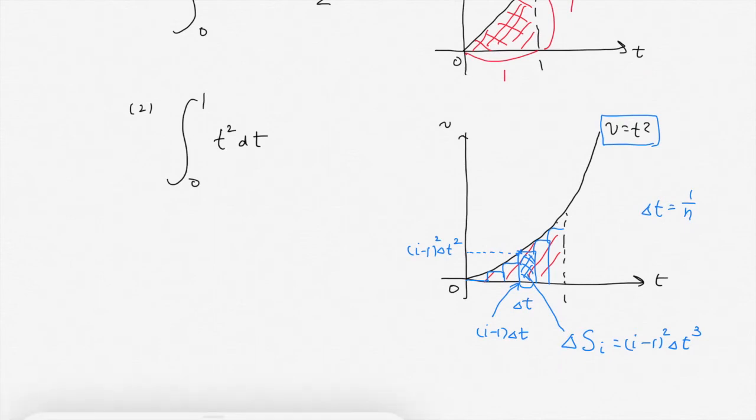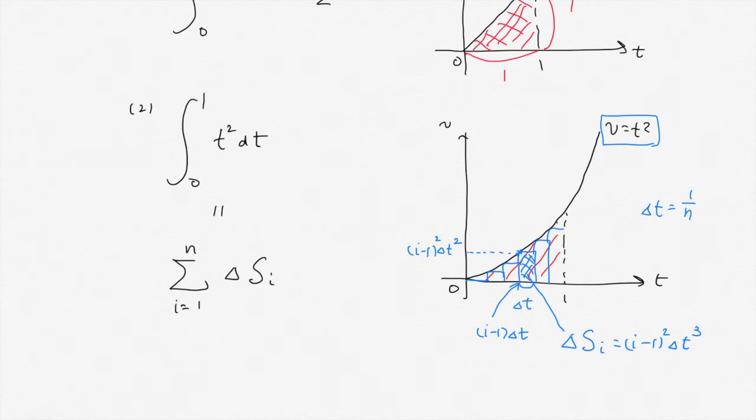Then we can approximate this area by summing up all the small rectangle areas, i equal 1 to n, of delta s sub i.